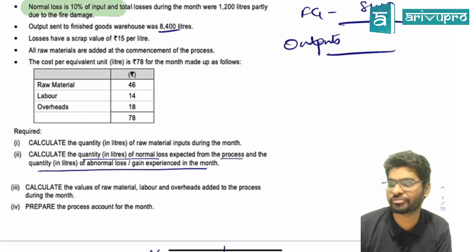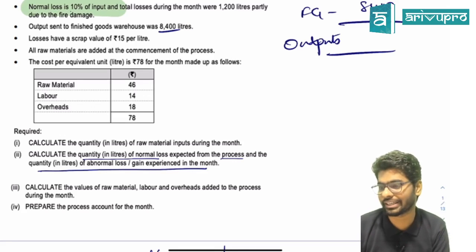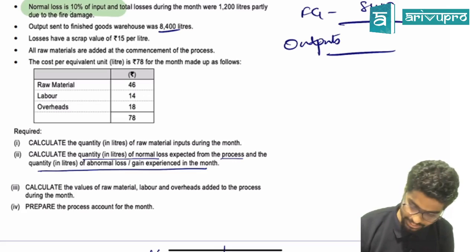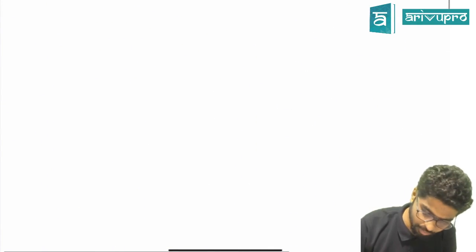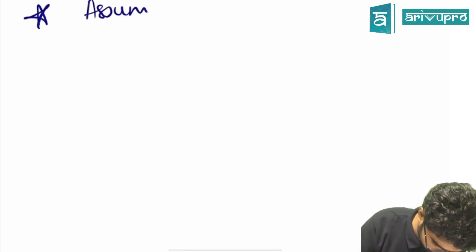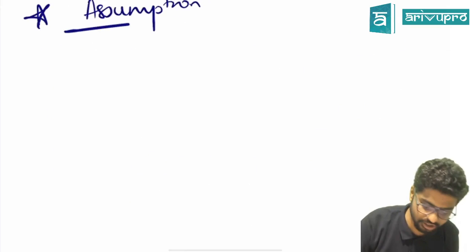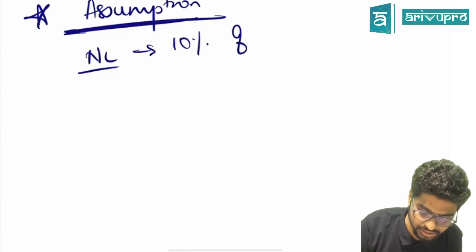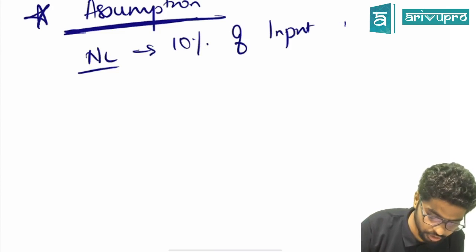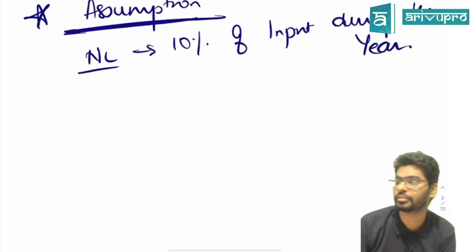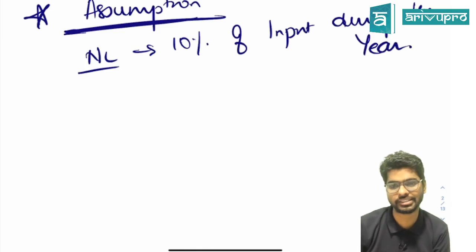If nothing is mentioned, we always take it as 10% of the input during the year. To make sure that I am on the right path, I will write the assumption: normal loss is considered as 10% of input during the year, so that the examiner also understands.